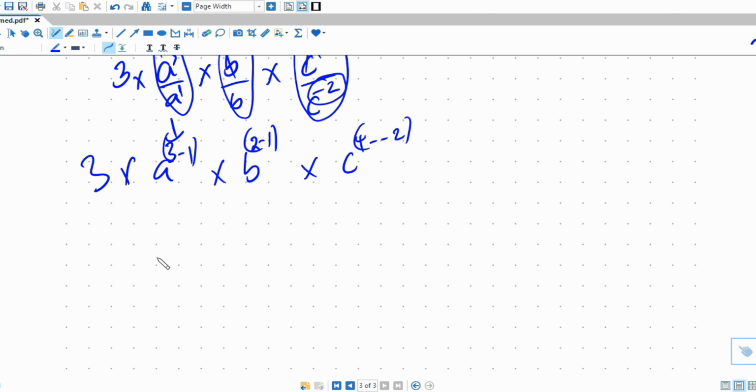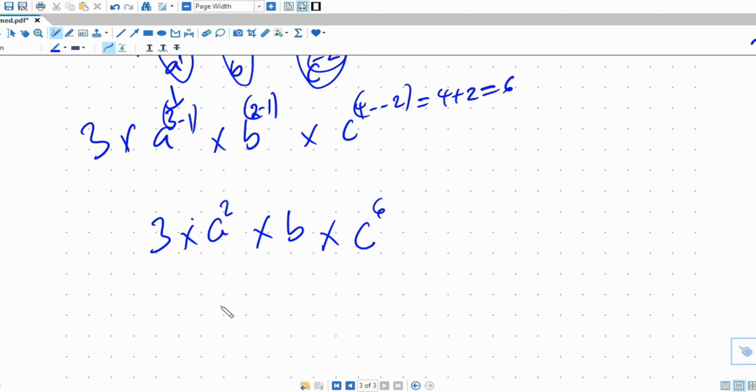And this simplifies to 3 times a raised to 2, multiplied by 2 subtract 1, we get b, multiplied by 4 subtract negative 2, which is the same as 4 add 2, and that gives us 6. So our value of c here is going to be raised to 6, right? And the value becomes 3a raised to 2 b c raised to 6.